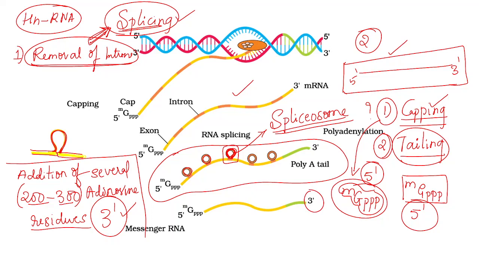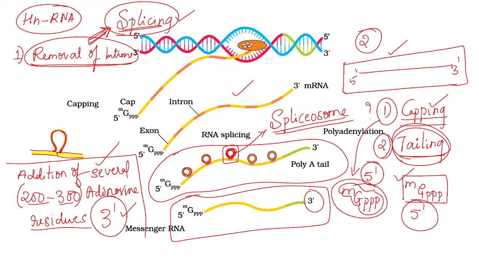So that will be called tailing. Ultimately, by addition of methyl guanosine triphosphate and by addition of several adenosine residues, capping and tailing will be completed. After the process of capping and tailing, whatever mRNA is obtained is called mature mRNA.